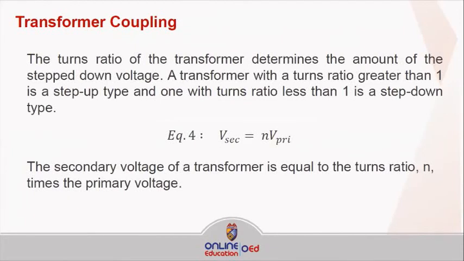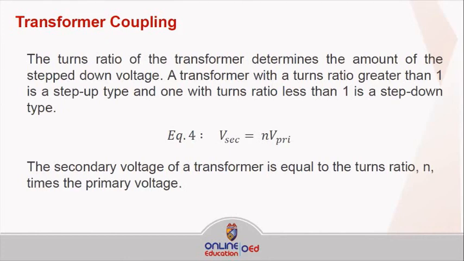Okay, let's continue. How about the transformer coupling? The turn ratio of the transformer determines the amount of the step-down voltage. A transformer with a turn ratio greater than 1 is a step-up type, and one with a turn ratio less than 1 is a step-down type.